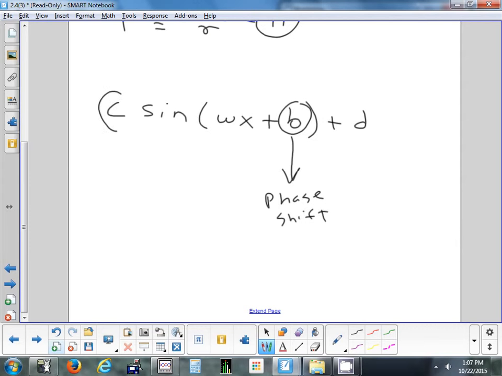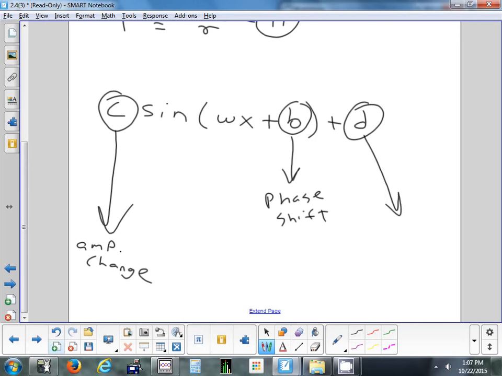Okay, then we've got, I think this is the next one we learned. Okay, putting a number in front. Well, Justin, you remember what that one does? Yep, changes your amplitude. That's your vertical stretch. We can call it an amplitude change. Okay, this is the next one. Okay, adding or could be subtracting a number at the end.